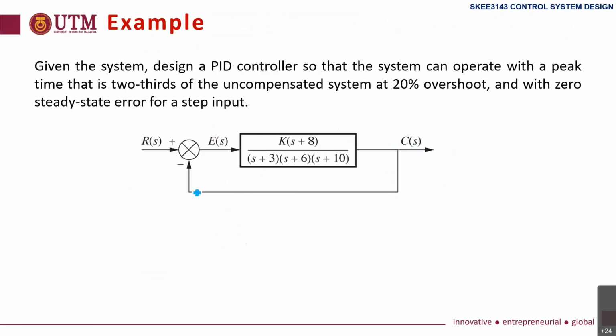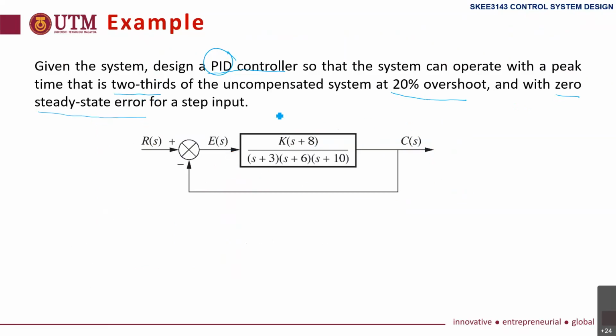Okay, next we will continue with an example. We will do two examples today. Given a system, design a PID so that the system can operate with a peak time that is 2/3 of the uncompensated system, for example reducing from 3 to 2, and overshoot 20% and 0 steady state error.